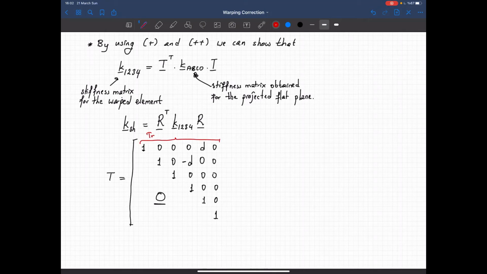This portion is the transformation from A to 1, and you have the rest of the transformation matrix obtained in a similar way, and this will be a 24 by 24 matrix.